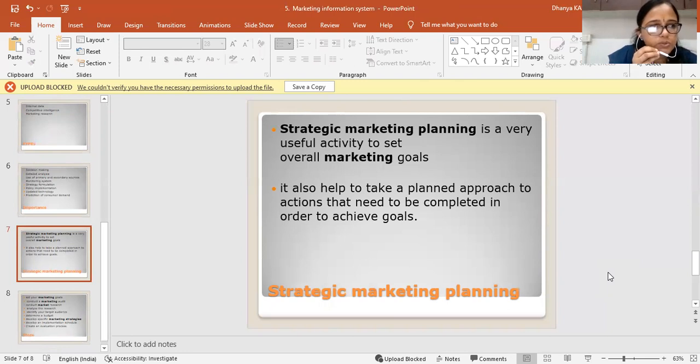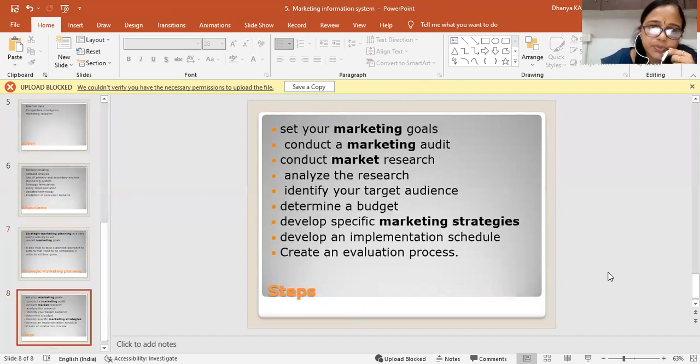And it is actually a planned approach or a scientific approach to be completed in order to achieve the goals. And there are several external factors and internal factors which contribute to the strategic plan.